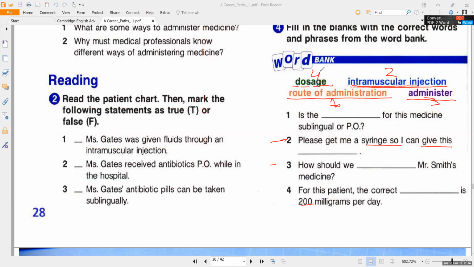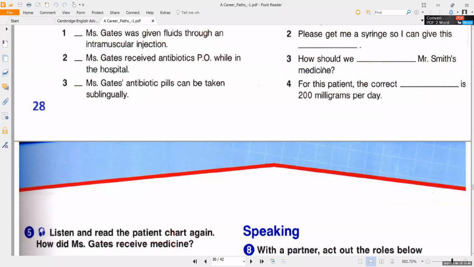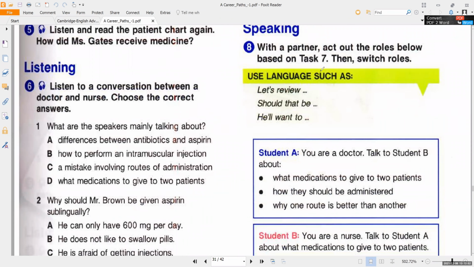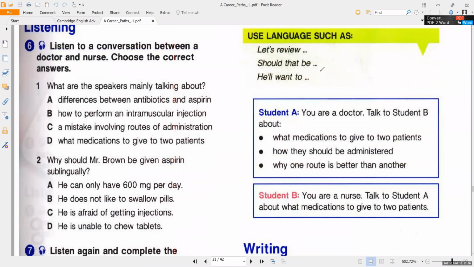Now we move to a conversation between a doctor and a nurse, and then we are going to choose the correct answers.